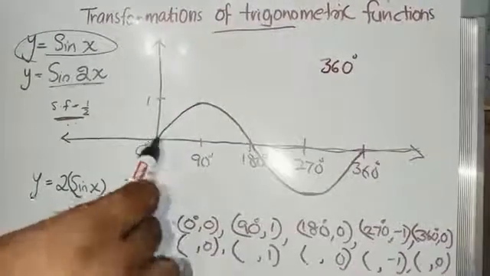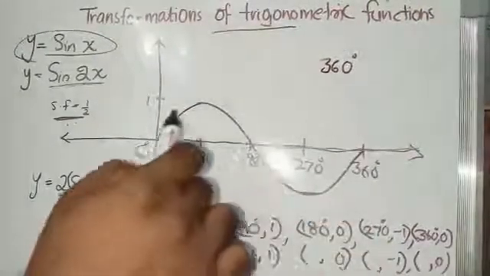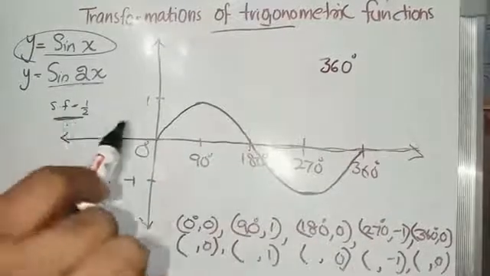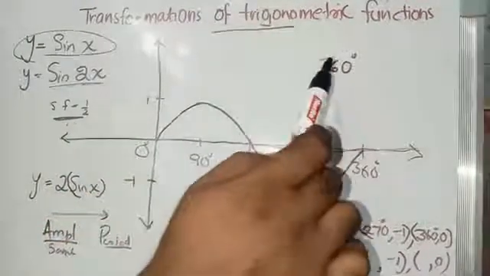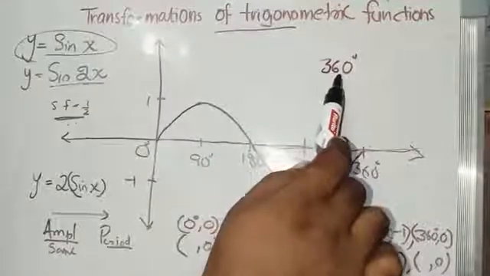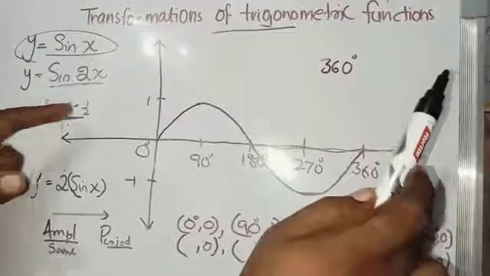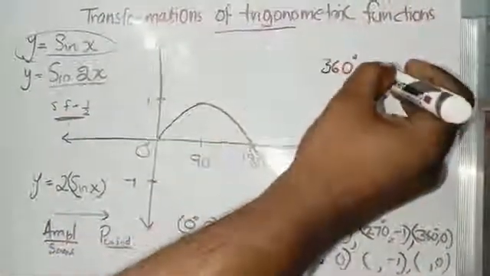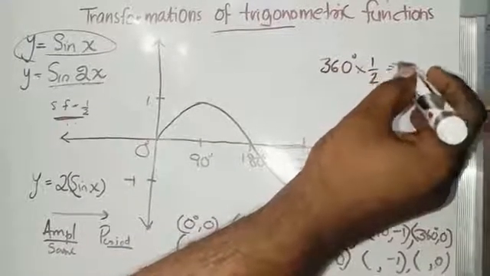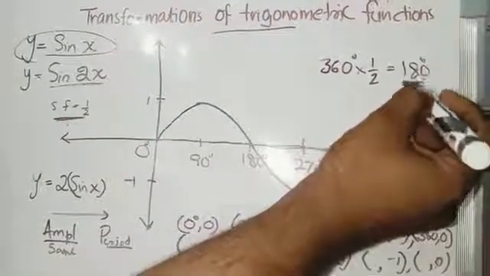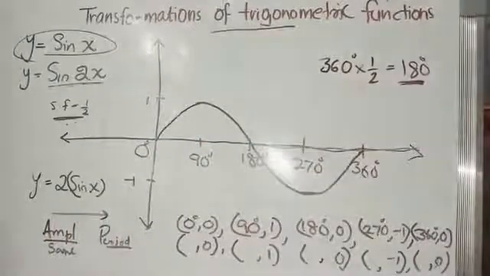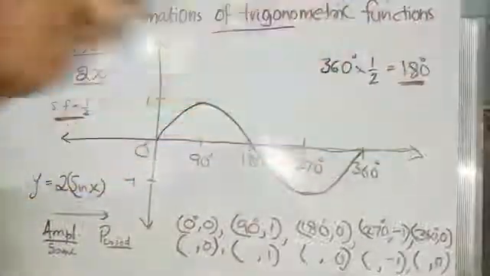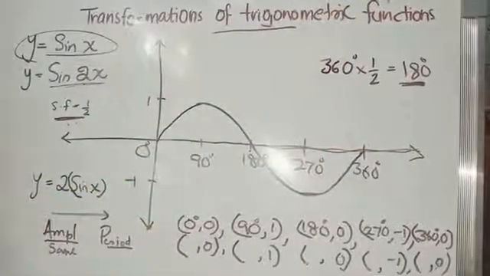because you know the period of a sine function is 360 degree. You can see from 0 to 360 it makes one complete graph. So the period of a sine function is 360 degree. As the scale factor is 1 by 2, take half of 360 degree, so the period changed to 180 degree or pi radian.